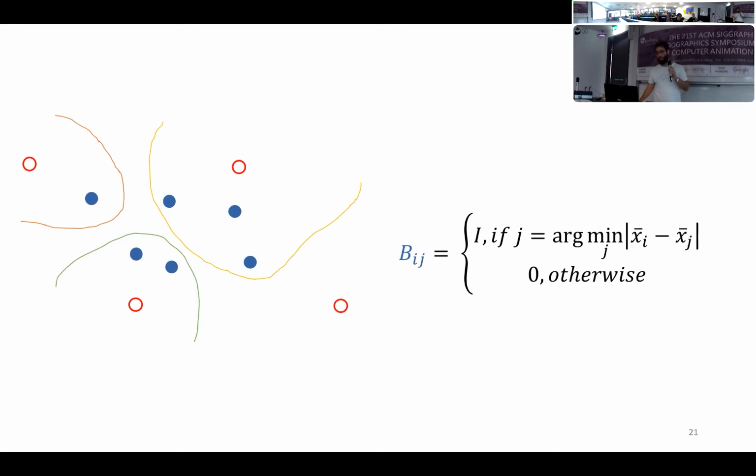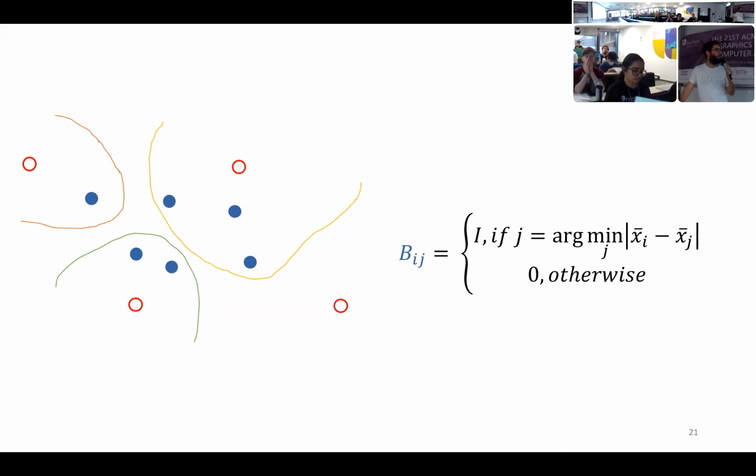To do that, we are going to define basis functions that we call Voronoi basis functions. What we do is search, for each fine point, which I depicted in blue, the closest coarse point, and we set a 1 in that case and 0 otherwise.